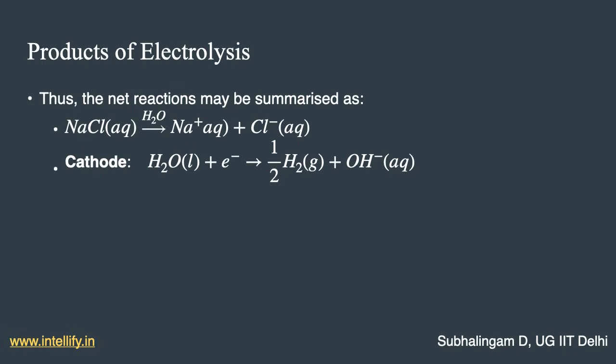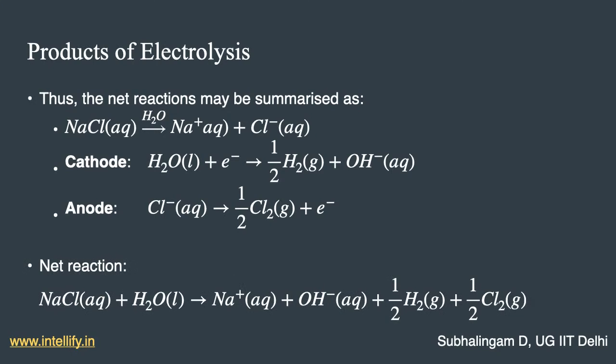So at the cathode, we have H2O liquid + e- giving half H2 + OH-. At the anode, we have Cl- giving half Cl2 + e-, and adding these two, multiplying ones and twos if you need, you get a net reaction as NaCl + H2O giving Na+ OH- + half H2 + half Cl2. And Na+ OH- is NaOH. So we have these three products over here. What are they? NaOH, H2 and Cl2.